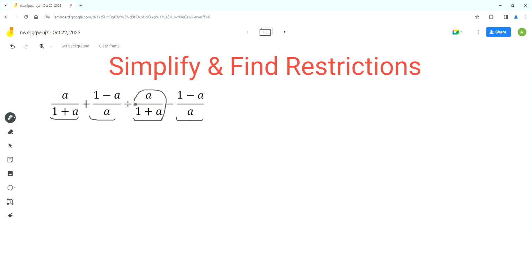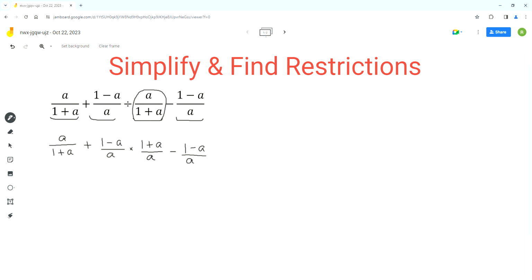The first fraction will stay the same, a over 1 plus a, plus 1 minus a over a times, we'll flip this fraction, 1 plus a over a, and the fourth fraction will stay the same, 1 minus a over a.